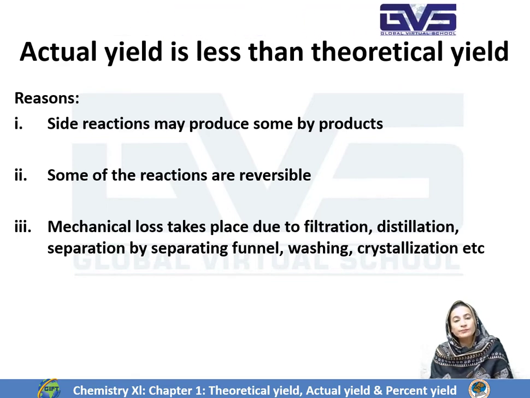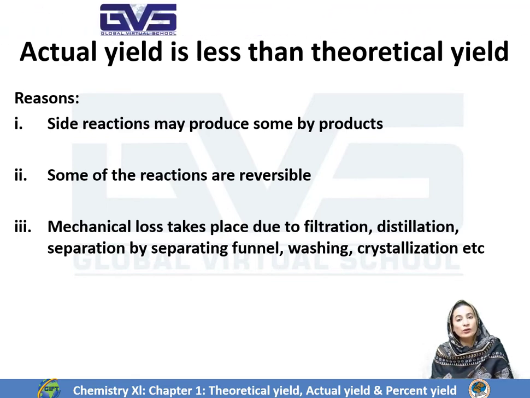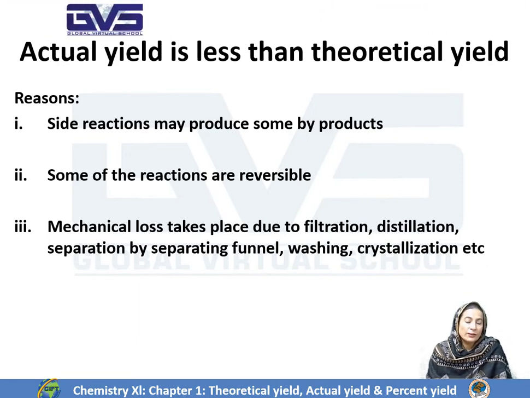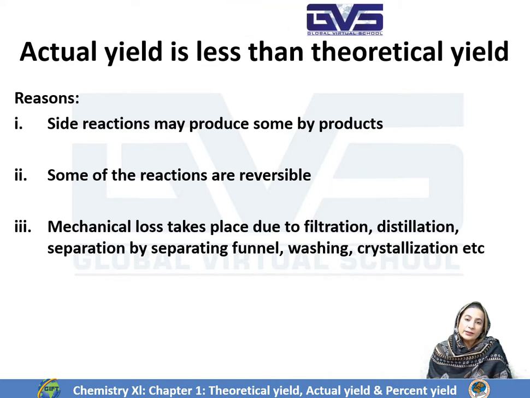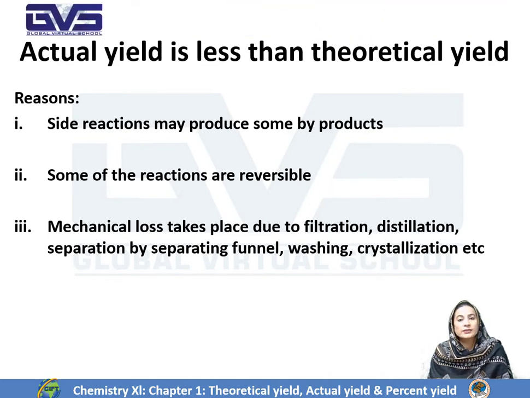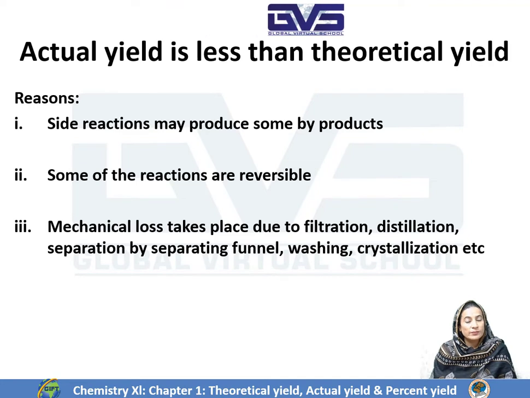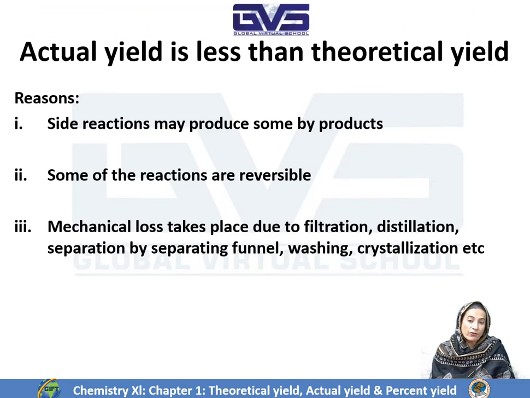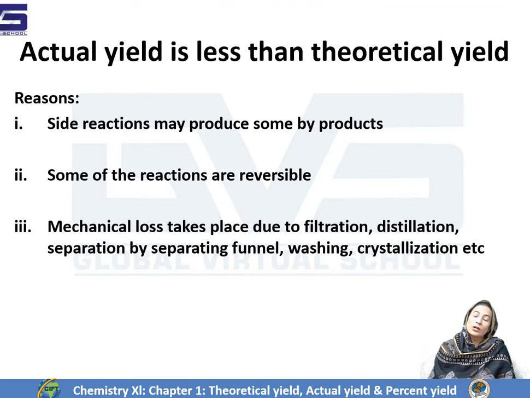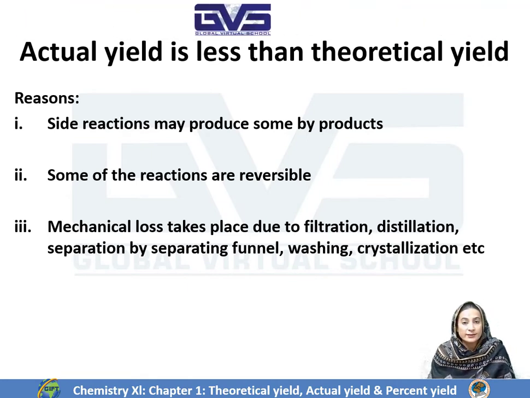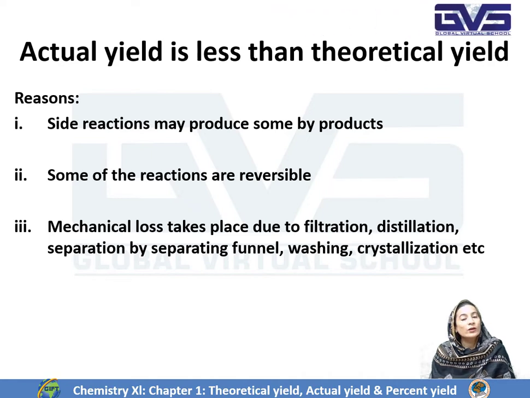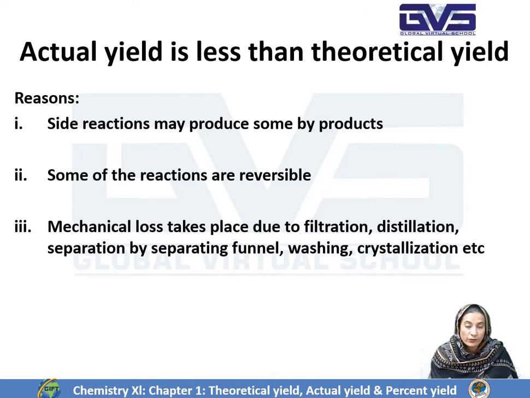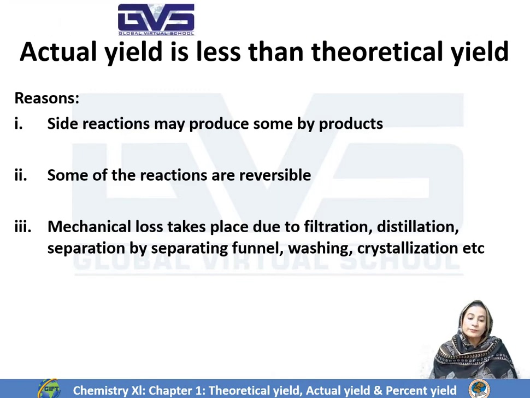During washing it can move away, and during crystallization formation too. So there is a lot of mechanical loss. Mechanical loss exists in any case. If a person is experienced, mechanical loss will be less. But if an inexperienced person is performing the experiment, mechanical loss will be more. Loss exists, but it can be less or more. It depends upon the experience of the person performing the experiment.